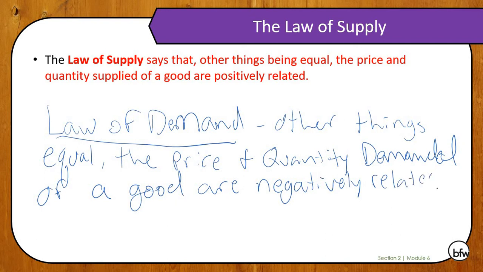Basically that means as price goes up, quantity demanded will go down. With supply, however, as price goes up, quantity supplied will go up. Alright, so that's kind of the big difference here.